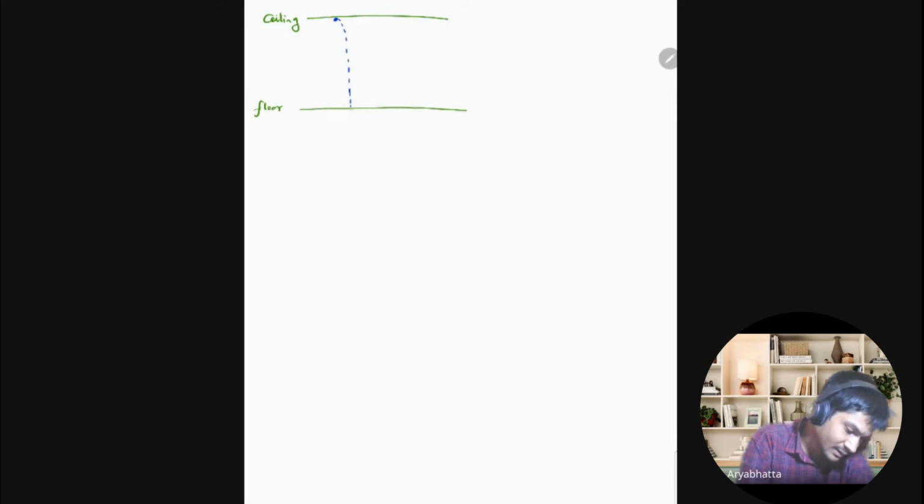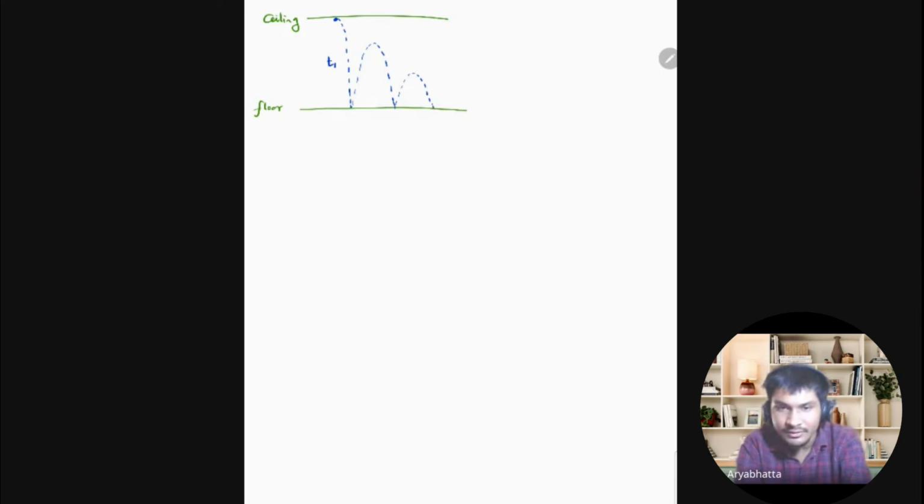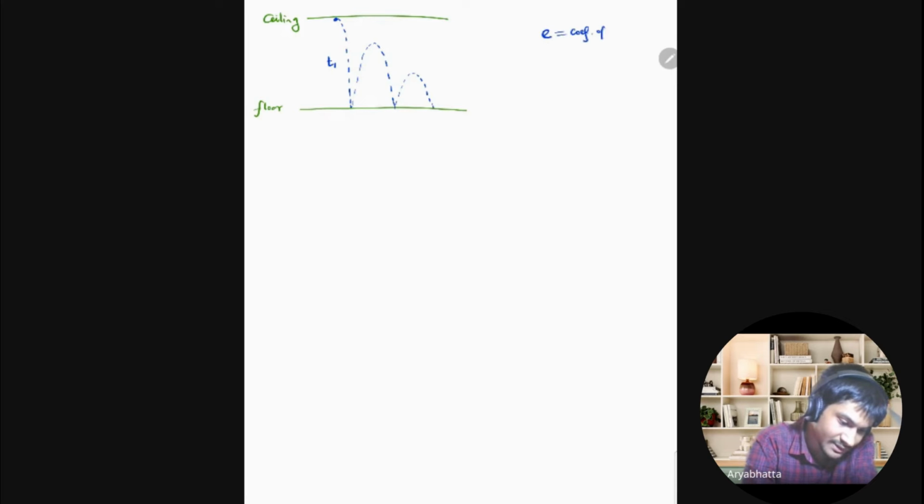And suppose it took some time t1 to fall, and then it jumps again. But suppose for a general scenario, let's say the ball doesn't jump back to the same height. We'll consider a coefficient of restitution e.